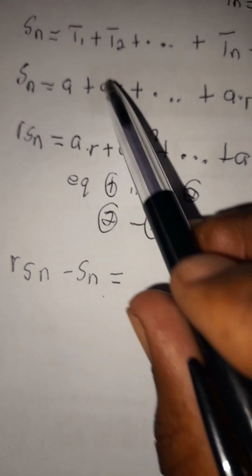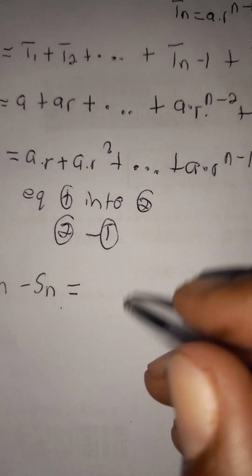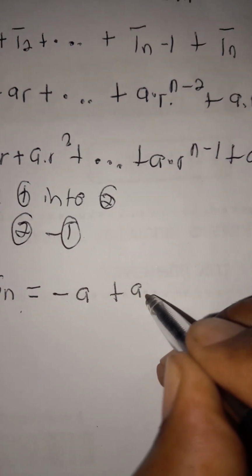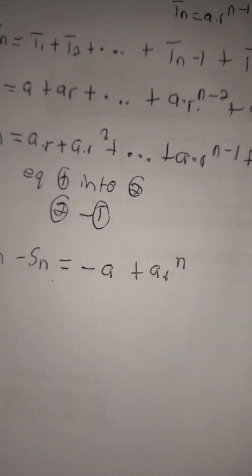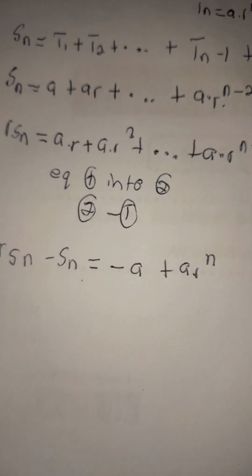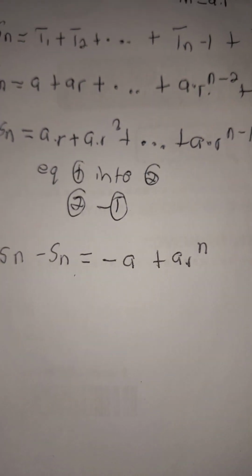When we subtract, we are left with negative a here plus ar^n. That's what we are left with when we subtract equation 1 from equation 2.